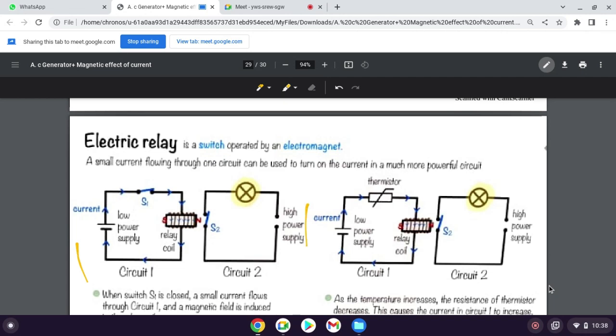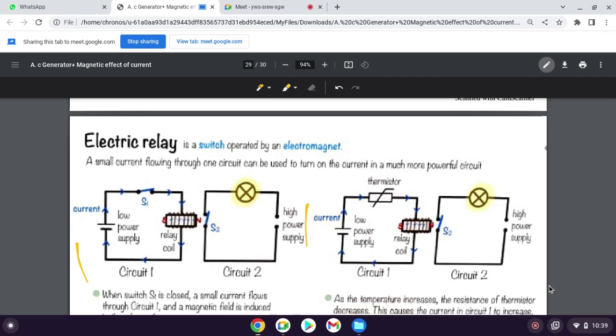So, describing the electric relay: it is a switch operated by an electromagnet. Using an electric relay, a small current flowing through one circuit can be used to turn on current in a much more powerful circuit. Okay, when switch S1 is closed, a small current flows through circuit 1. Did you get the point?